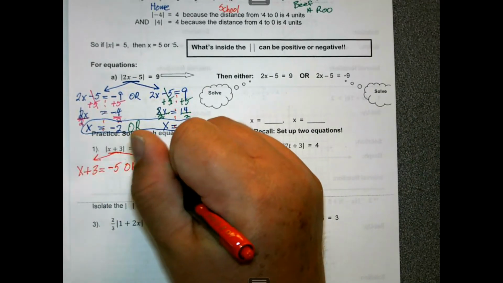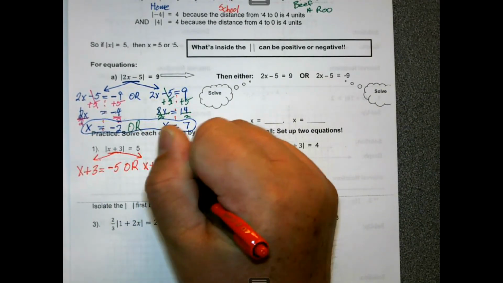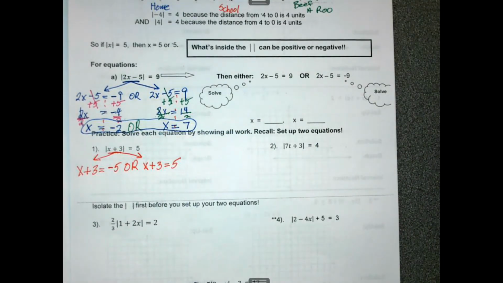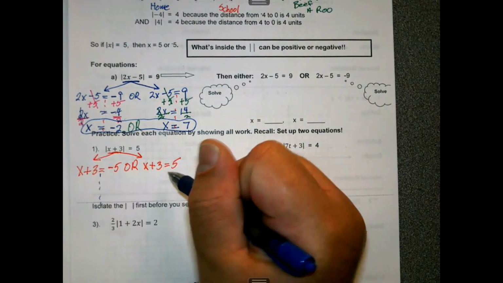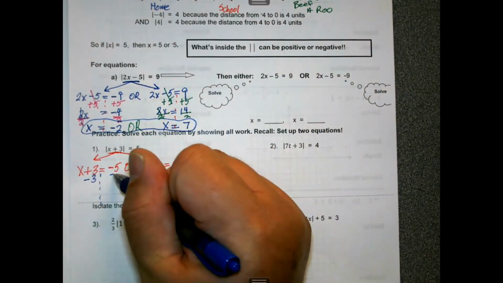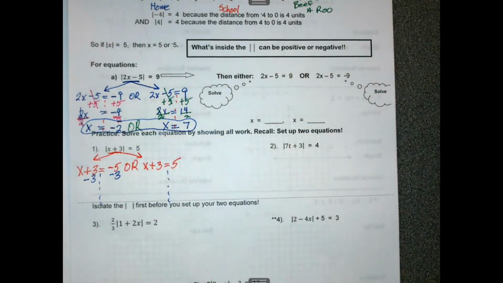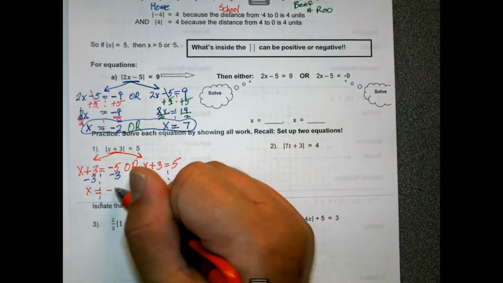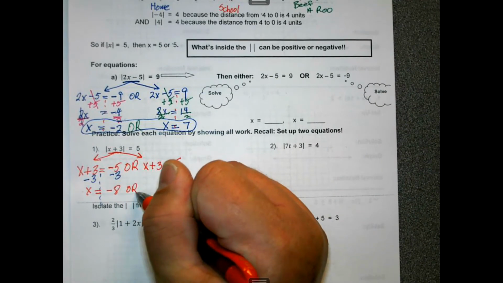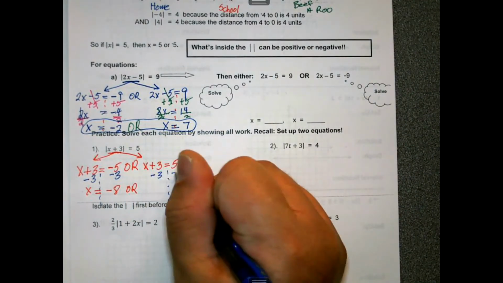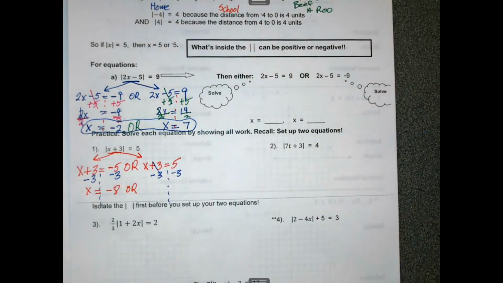Or x plus 3 equals positive 5. And then solve each one of these. I'm going to subtract 3, subtract 3. I get x equals negative 8. Or subtract 3, subtract 3. x equals 2.